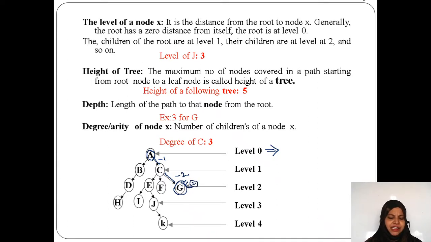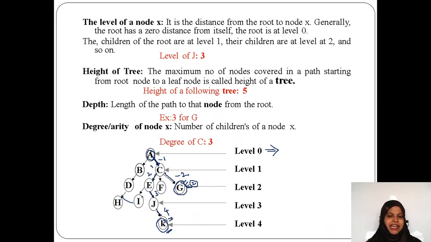For example, I am going to check for this K. So for level we have to find the path from the root node to the particular node. Here A to C 1, C to E 2, E to J 3, J to K 4. So what is the level of this K node? 4. Level of the K node is 4.